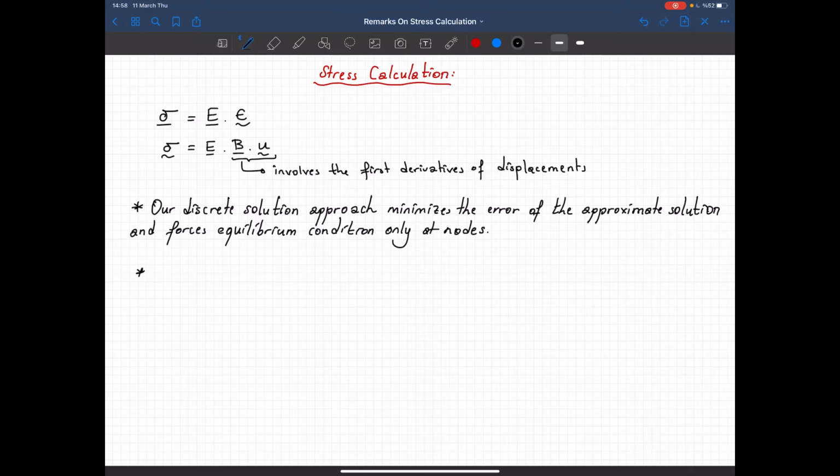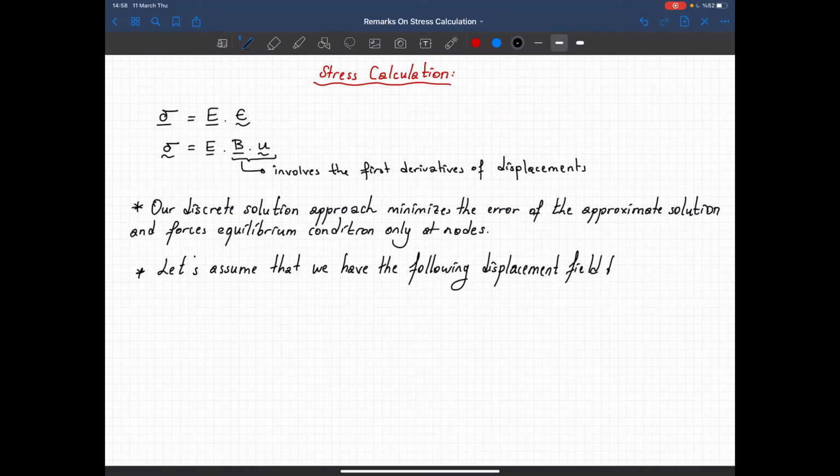Now, let's assume the following displacement field between two nodes.